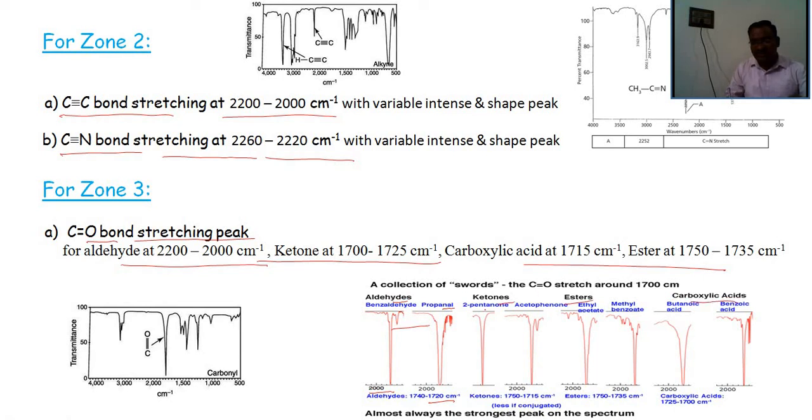Ketones here are propanone and acetophenone, esters are ethyl acetate and methyl benzoate, carboxylic acids are butanoic acid or benzoic acid. These are the carboxylic acids, these are the esters, ketones, aldehydes. These are almost always the strongest peaks on the spectrum.